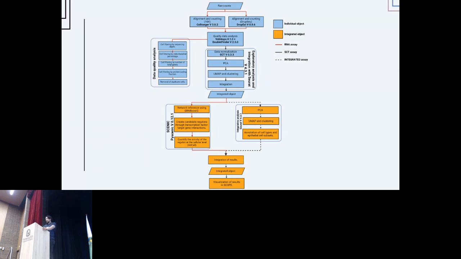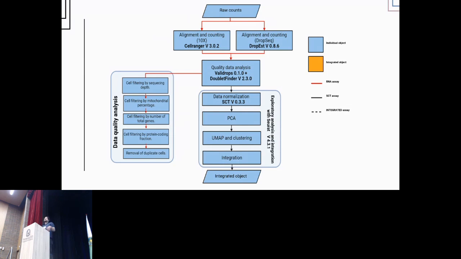For this, the first thing that we did was use scDrop and DoubletFinder, which are packages that filter the cells based on adaptive thresholds, such as sequencing depth, mitochondrial percentage, total number of genes, and protein coding fraction, and also remove the duplicated cells.